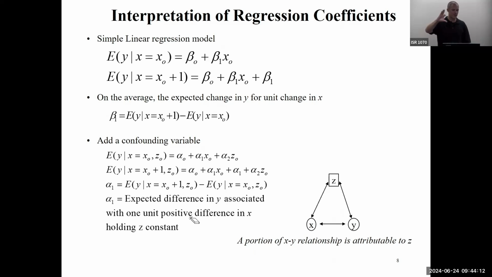All we're saying is that if you condition on, let's say z is males and females, and you fix z to be female, all this is saying is when you look at females exclusively, what's the relationship of this other variable x with the dependent variable? It's not saying anything about causality. It's just saying when you hold constant the values on other predictors, what does the relationship look like?